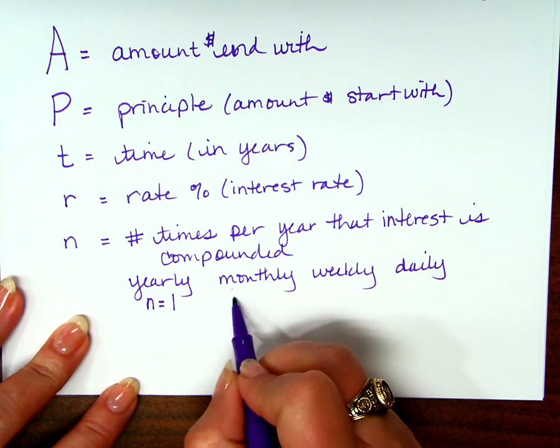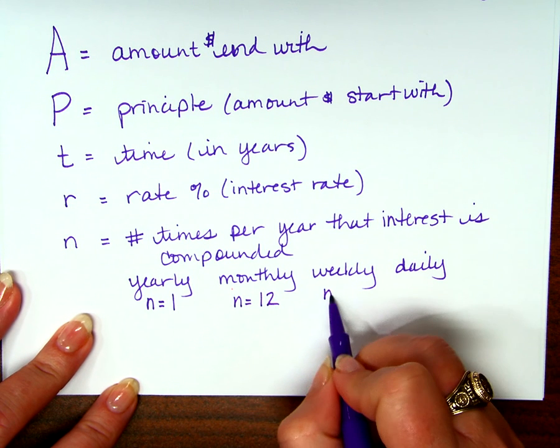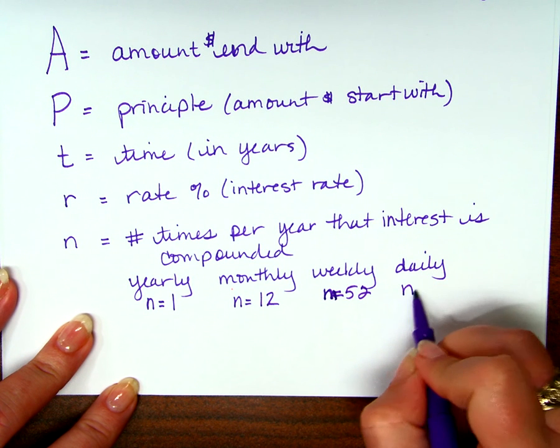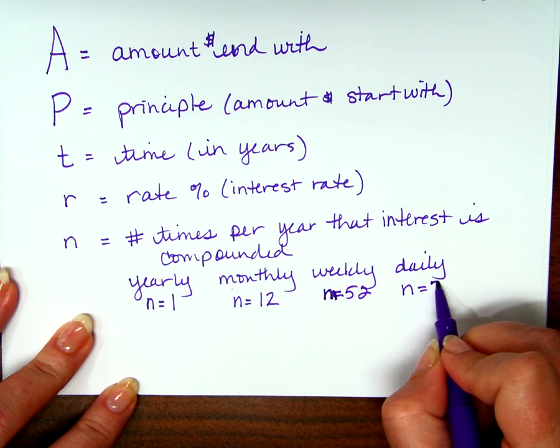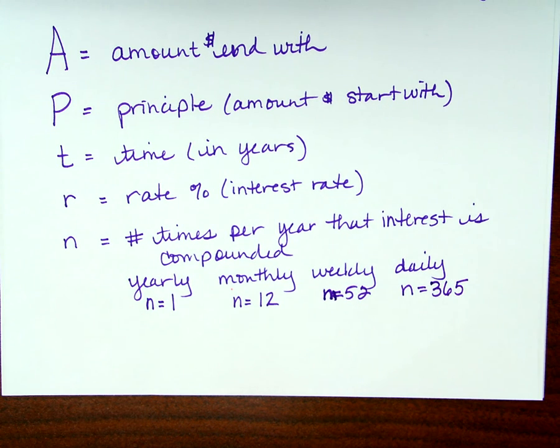What if we're dealing with monthly? 12. What about weekly? 52. And what about daily? We don't hardly ever take into account leap year for interest. So we use 365 for interest, even if we're in a leap year that we're currently in. Right? Okay?